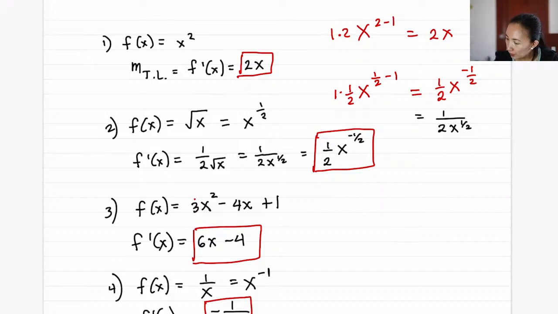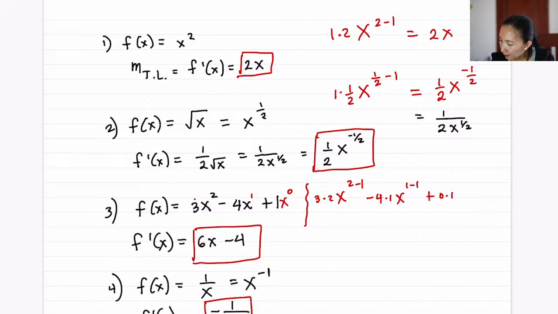Ulit. So, 3 times 2x raised to 2 minus 1 minus 4 times 1 times x raised to 1 minus 1 plus. Okay, I could write this as x raised to 0. Correct? Because anyway, x raised to 0 is 1. So, plus 0 times 1 times x raised to 0 minus 1.